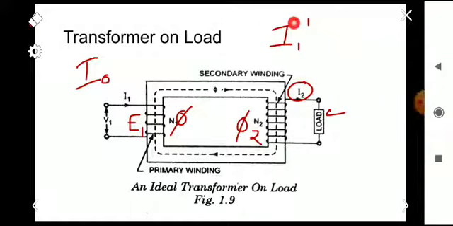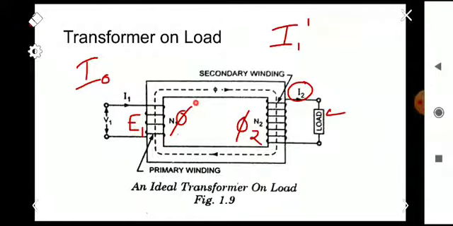It is the current flowing through the secondary. When the current in the secondary begins to flow, that is I2, due to that I2 a flux phi 2 is created here. The current I2 sets up its own flux phi 2. It opposes the main flux phi, and due to that the main flux reduces.